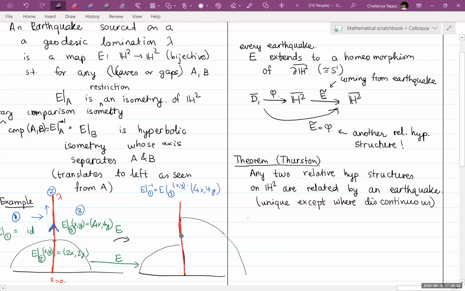More precisely, or alternatively, this is almost the same statement written in a slightly different language.